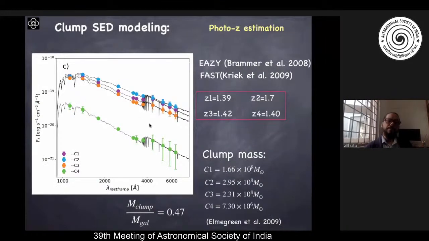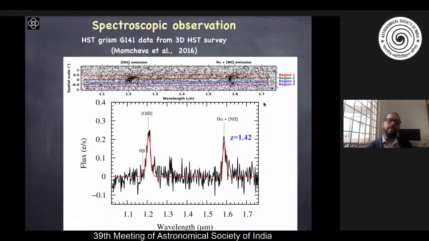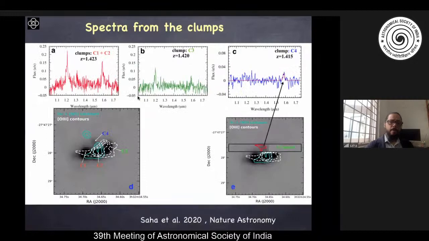So we first did the photo-z determination, and we did SED modeling to determine the photo-z. And in this, we were not satisfied with clump 2. Then we looked at the HST grism data, in which we have the grism from 3D-HST, and we extracted spectra on each of these clumps.